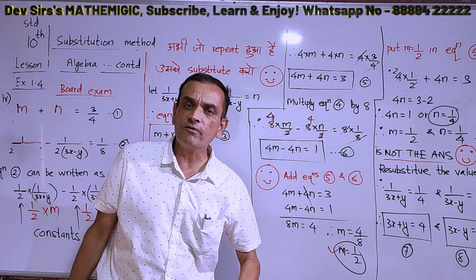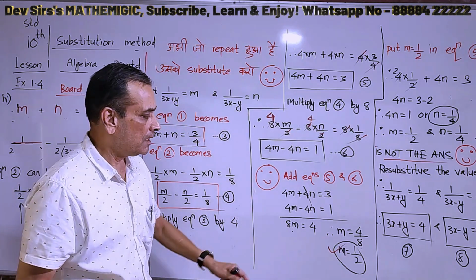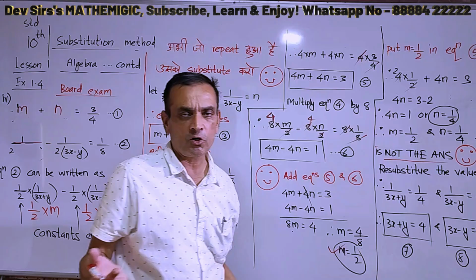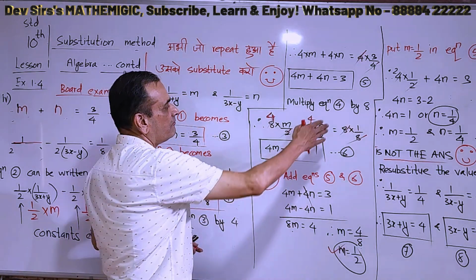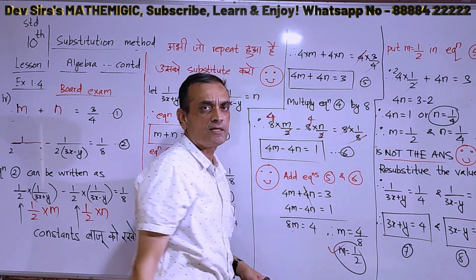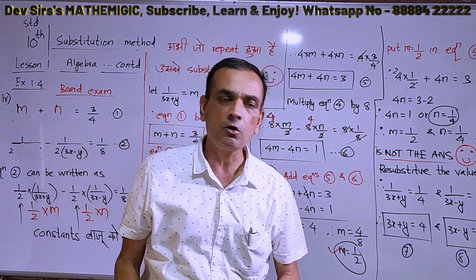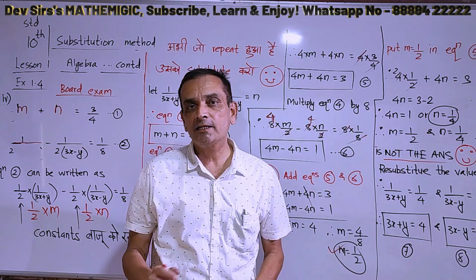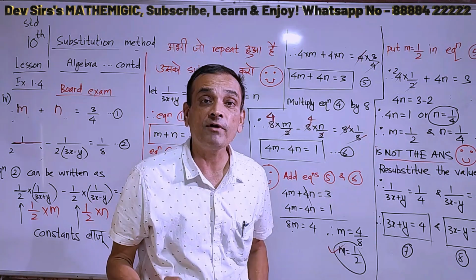First we'll get the values of m and n. Now put m equal to 1 by 2 in equation 5 or 6, whatever you want. सॉरी, 5 और 6 इसमें से कौन सी भी इक्वेशन चूज करो, substitute the value of m to get the value of n.